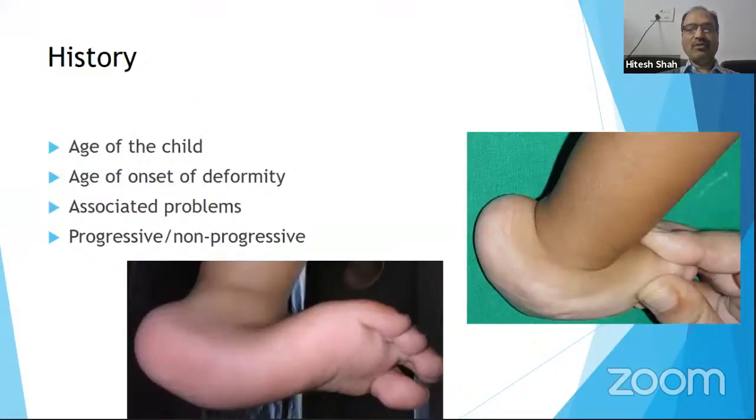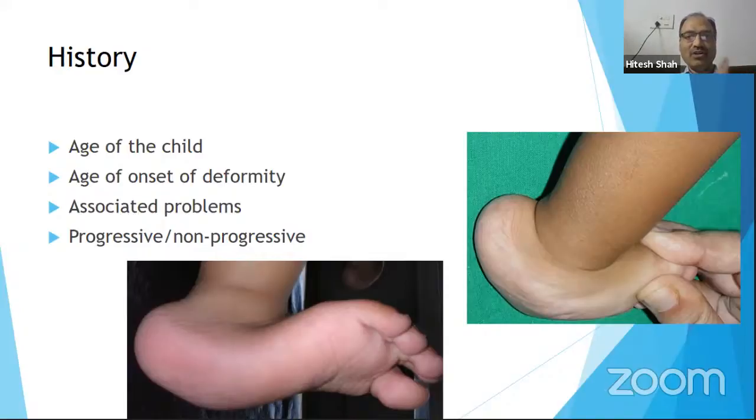The most important aspect of any foot deformity, whether it is clubfoot or varus or valgus, is the age and onset of the deformity, which will give an idea whether it is a congenital or an acquired problem, whether it is a child or adult. Today we are mostly focusing on a child. Common congenital foot deformities are congenital talipes equinovarus, congenital rocker bottom foot, or congenital vertical talus.